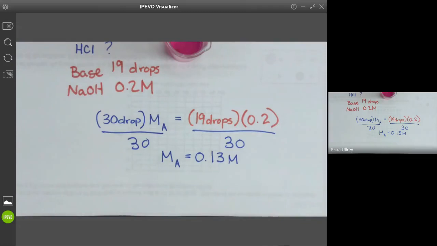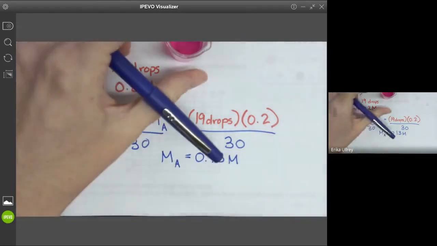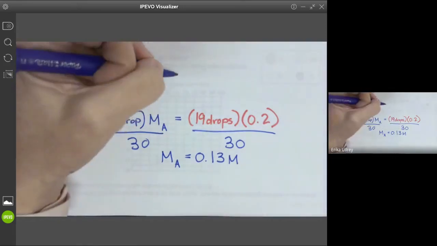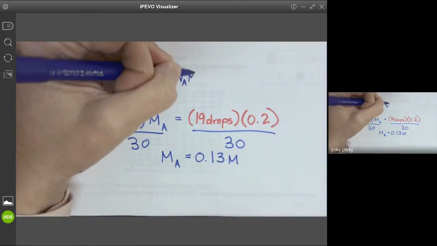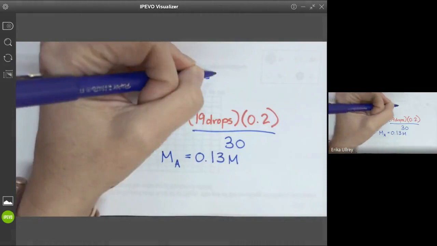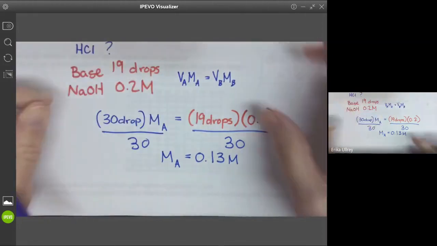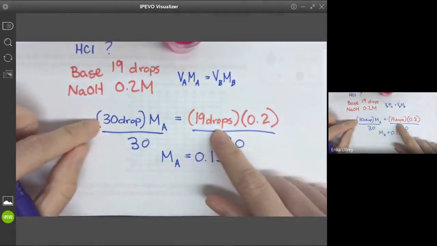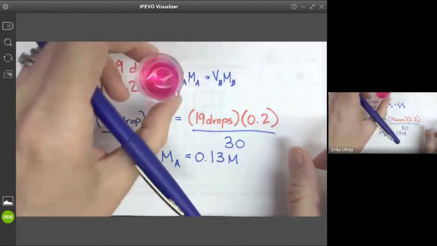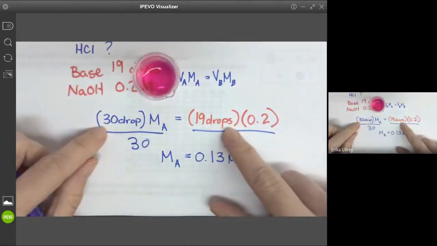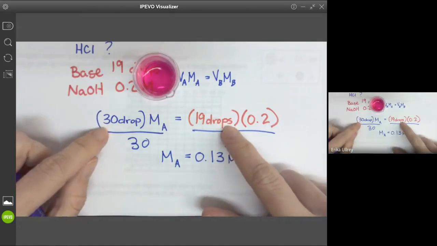Okay. So a shortcut method to figure out what we would have at the equivalence point is we can use this equation: volume of acid times the molarity of acid equals the volume of base times the molarity of base. And so, yes, we use drops, which is not like a typical volume that you normally would use, but because they are both in the same unit, those drops will cancel.